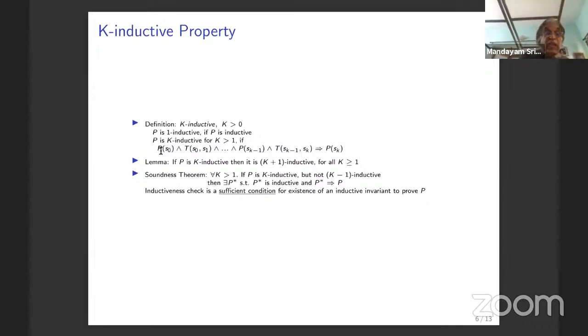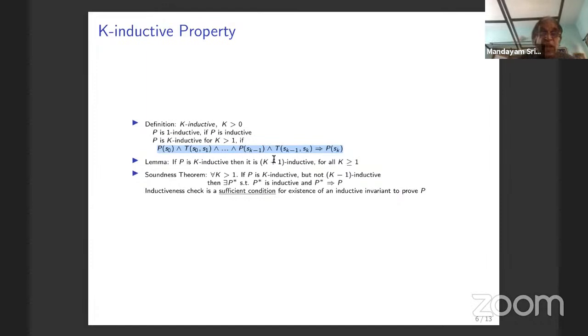If this check is valid, it says that if I start from some state inside P, and for K steps, assuming it is all inside P, then at K plus 1 it goes back into P, then you know that it holds for all K.